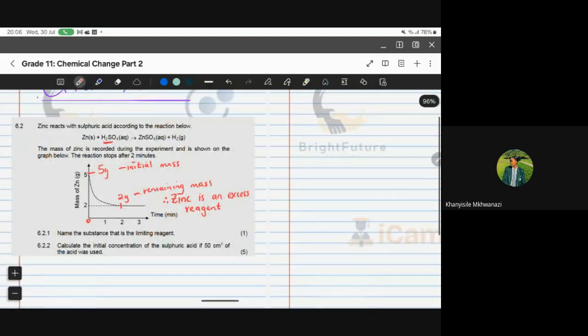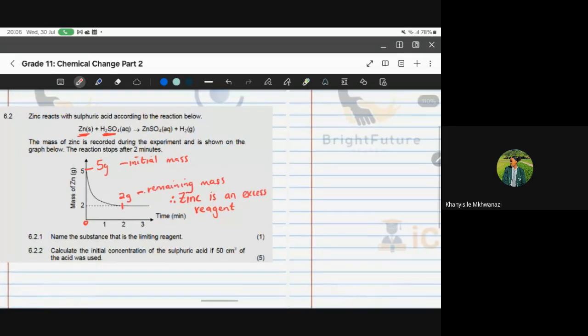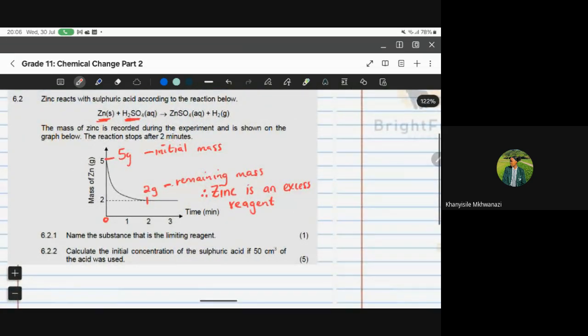So this means, since there are two reactants here, the zinc reacting with sulfuric acid, it means sulfuric acid is actually our limiting reagent, right? We are sure that we were reacting zinc and sulfuric acid. Zinc remains after the reaction is complete.